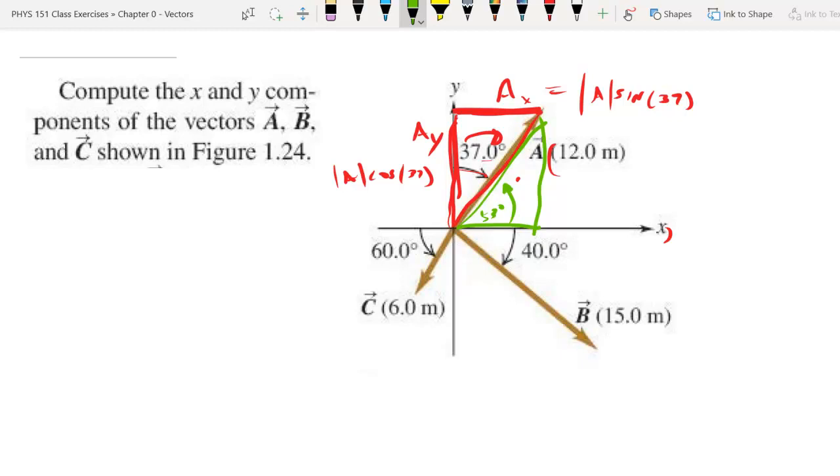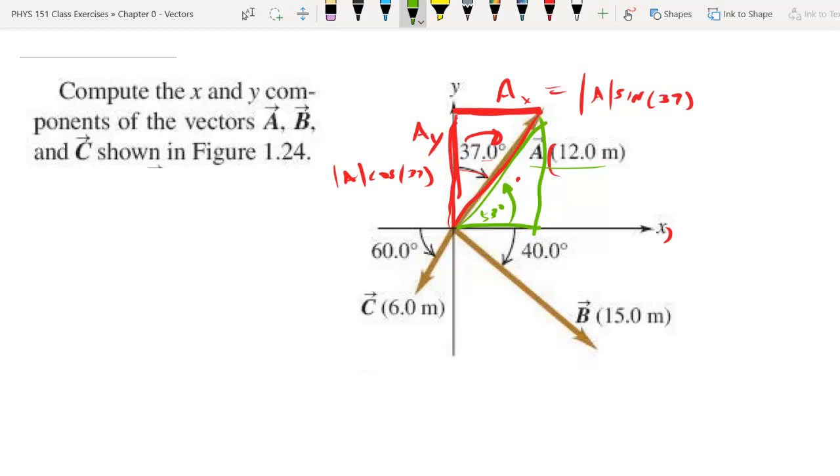I could say vector A is 12 meters at 37 degrees clockwise off the vertical, or I could say it's 12 meters at 53 degrees. Those are two different ways I could describe vector A in words.